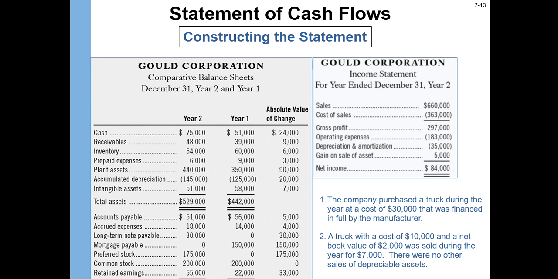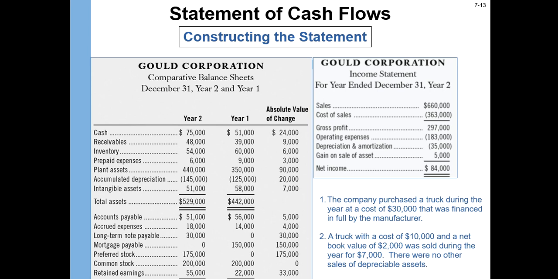In addition to these statements, there are some activities which are not mentioned there. The company purchased a truck during the year for $30,000 and financed in full by the manufacturer. So they didn't borrow money to pay for this truck.